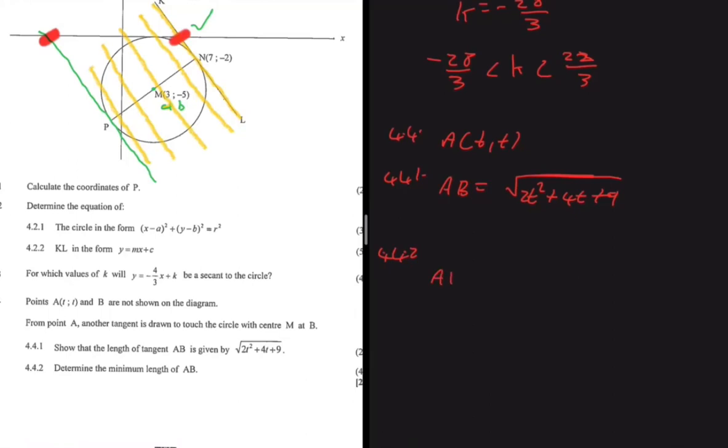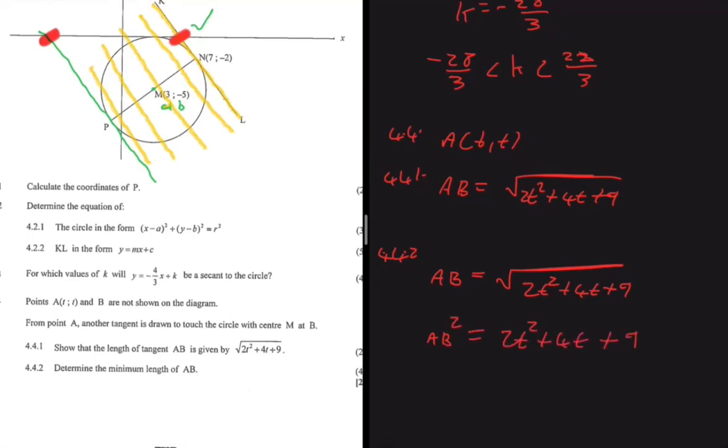So we know that AB equals the square root of 2t squared plus 4t plus 9. Because we have a square root here, and I don't like dealing with square roots, I'm going to square both sides so that I can easily digest the problem. So I will have AB squared equals 2t squared plus 4t plus 9.